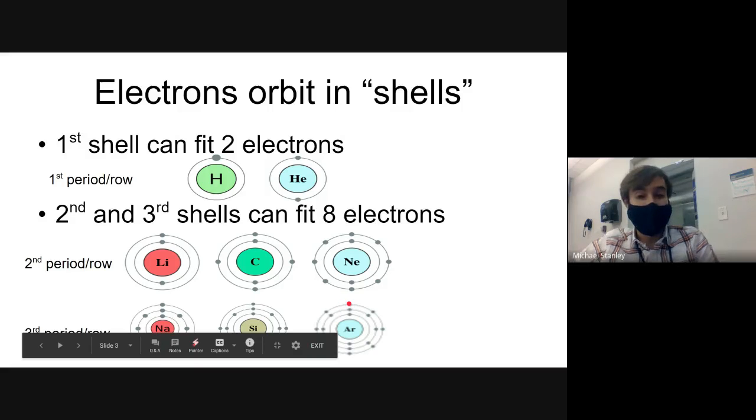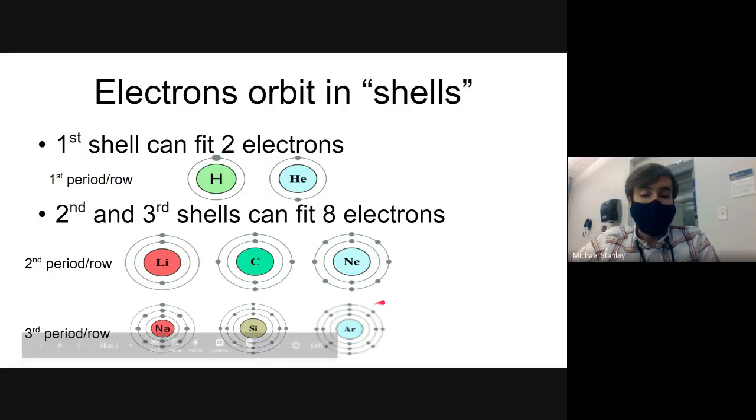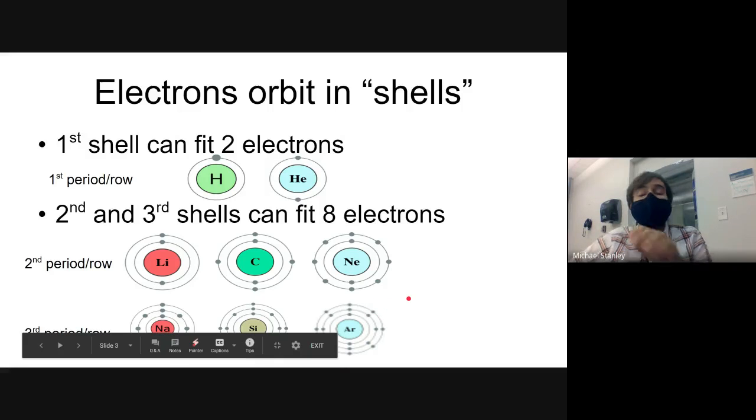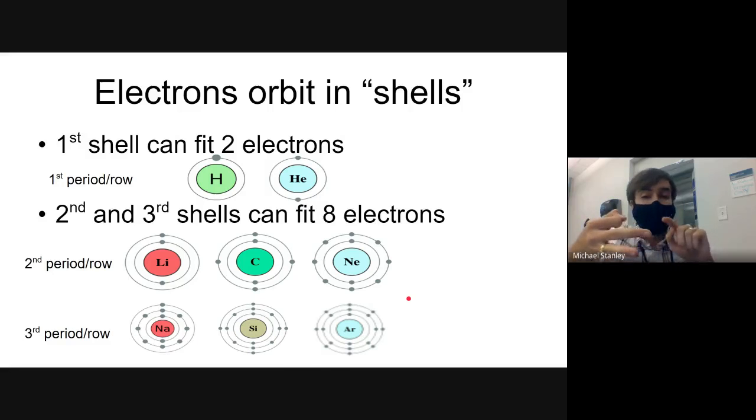So then on our third ring, we put down the remaining 8 electrons, right? So 2 on the first ring, plus 8 on the second ring, plus 8 on the third ring, gives us a total of 18 electrons for argon. And so an argon atom has a completely full first shell, second shell, and third shell.